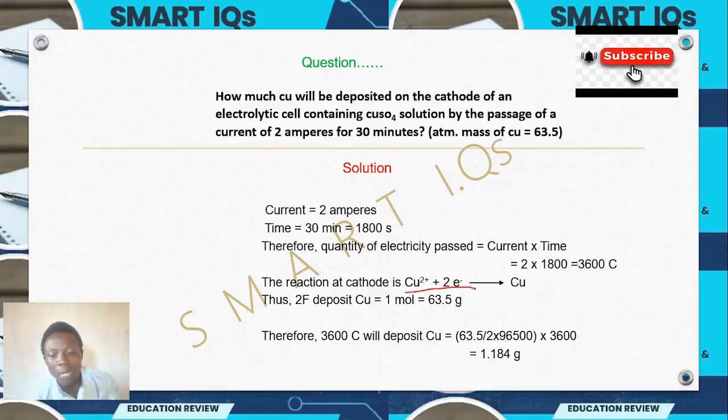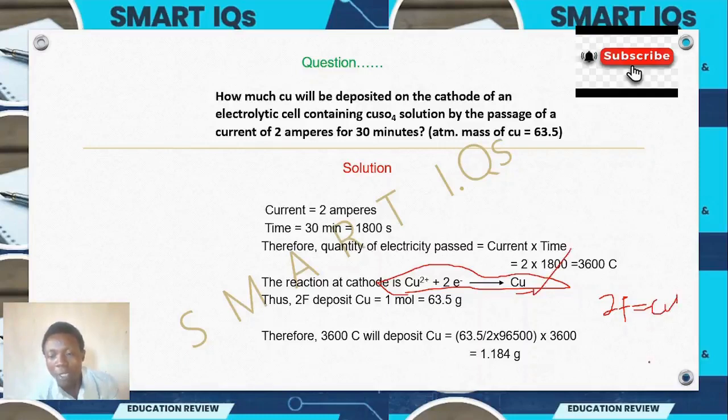This is what will happen at the cathode, the reaction at the cathode. We have our copper 2 being reduced to copper atom, and then we have our 2 electrons. Remember what I stated earlier? 2 electrons give us 2 Faradays. So 2 electrons is equivalent to 2 Faraday. So it takes 2 Faradays to produce copper atom based on this reaction.